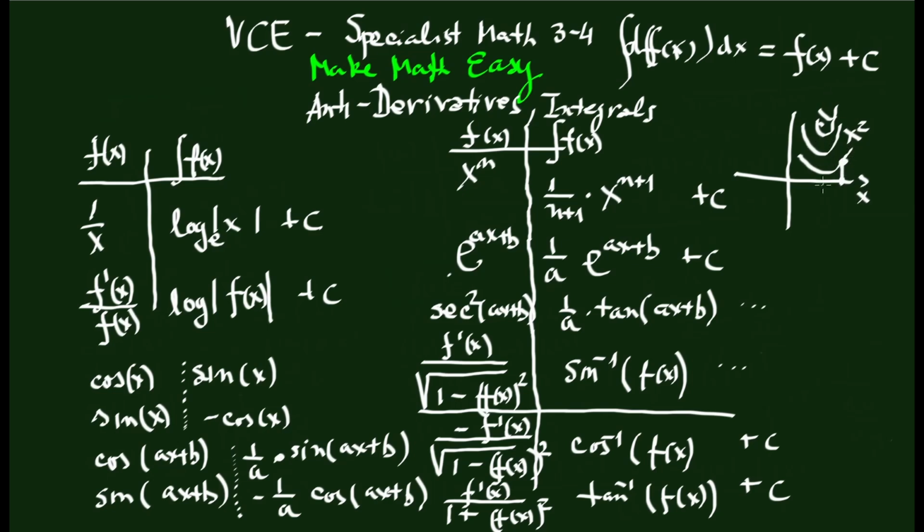You need to say, for the point x equals 1, I will have this value, and that's that c. Once you know the value of c exactly, then you will know which one it is. Usually you use one example: you say, I want the integral of this function at the point x equals that, and then you get one function back.